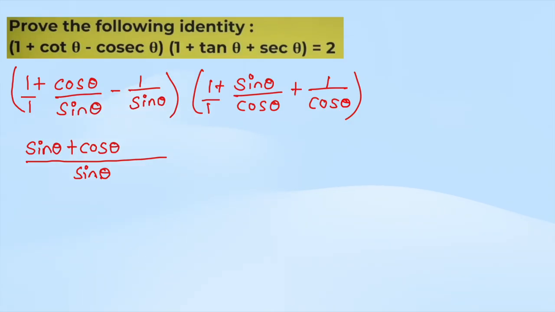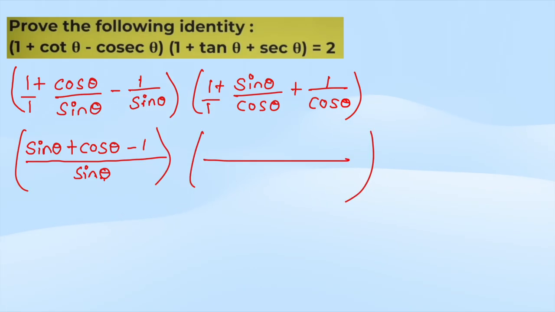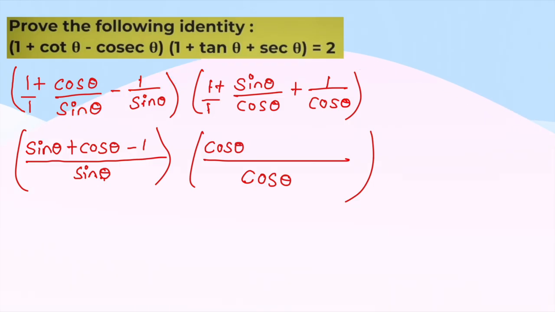If the denominator is not changing, the numerator will also be the same. Clear? Now see, 1 and cos theta, what will be the LCM? Cos theta. Now 1 I am converting to cos theta, means in the denominator I am multiplying cos theta. So in the numerator also I will multiply by cos theta.